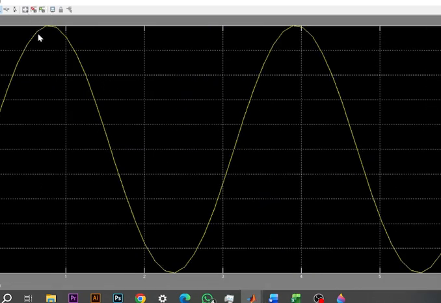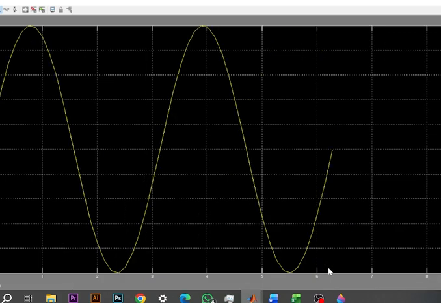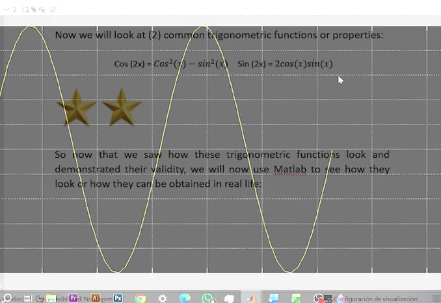So the way we can tell is by looking at 1 here. They cross at the same side. So at 1, they cross at the same side. So yes, this demonstrates that sine of 2 times the angle equals 2 times sine of the angle times cosine of the angle.